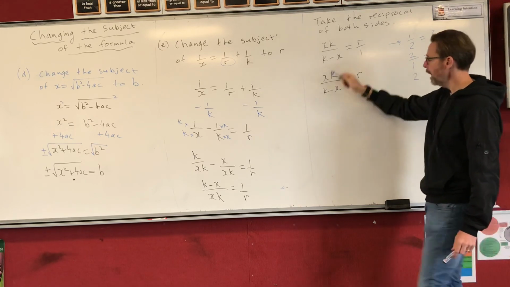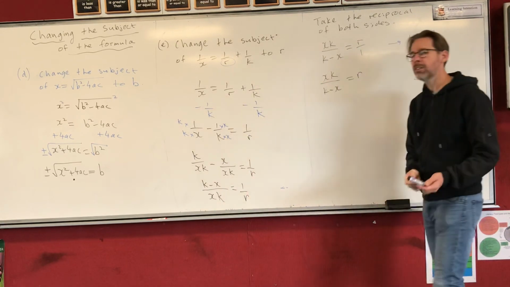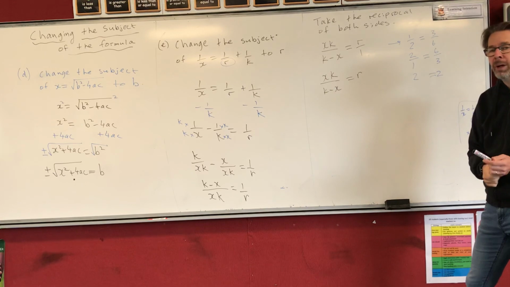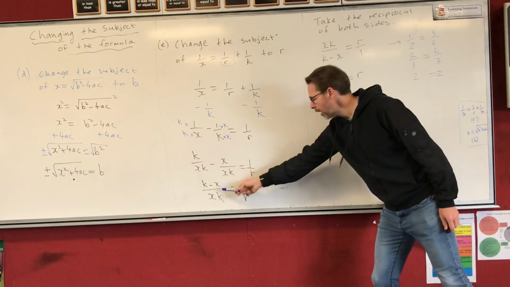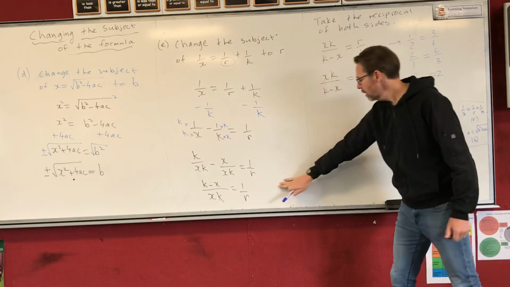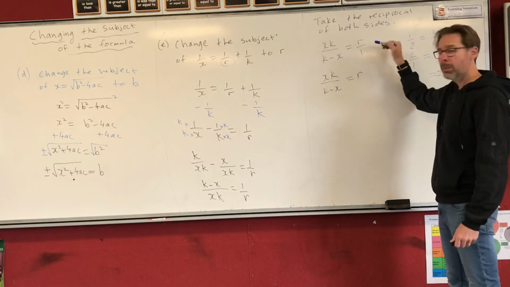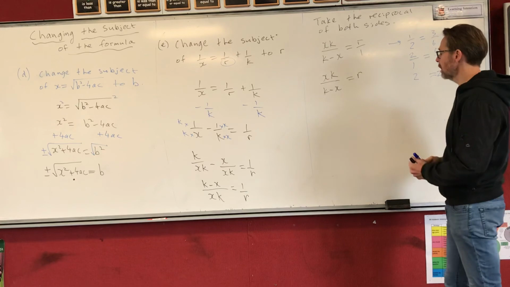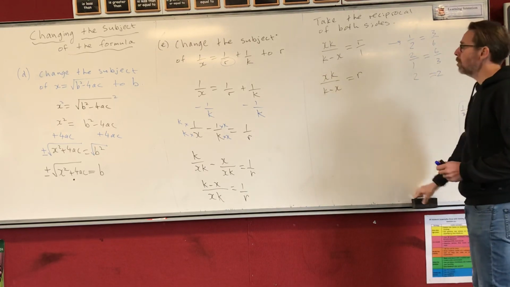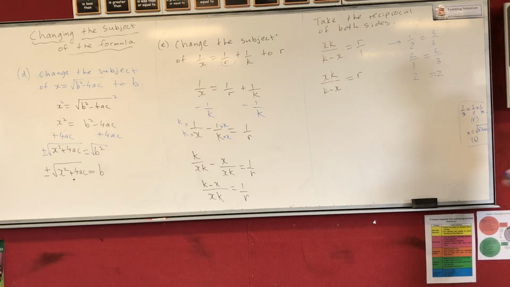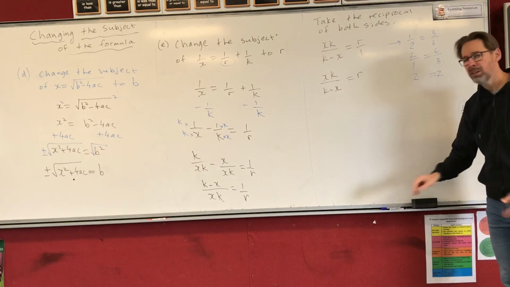So you can flip both sides of the equation and still get a true statement. So when you get to one fraction equal to another fraction, you can flip both sides. It's called taking the reciprocal. That's probably another harder one as well. So make sure all that's copied down and then get started on the questions.